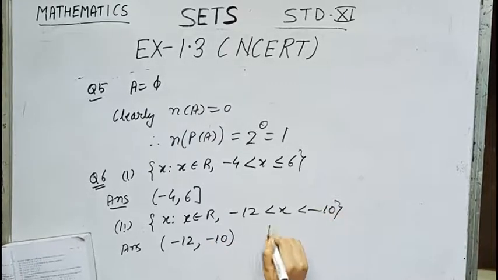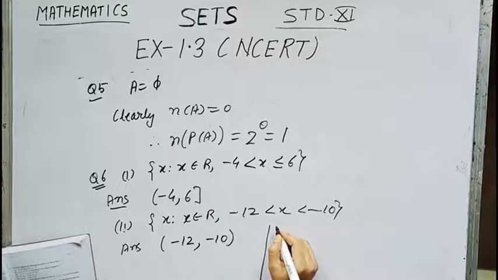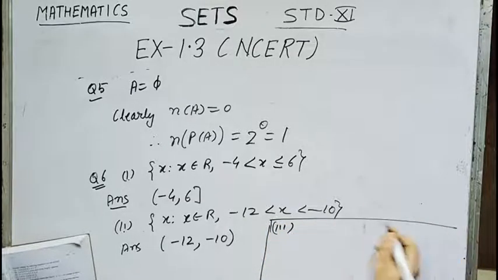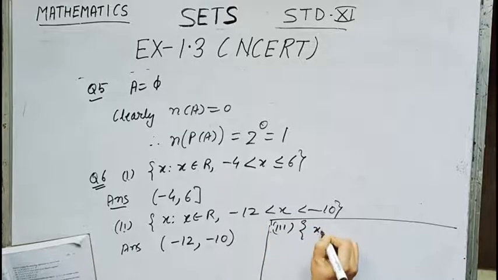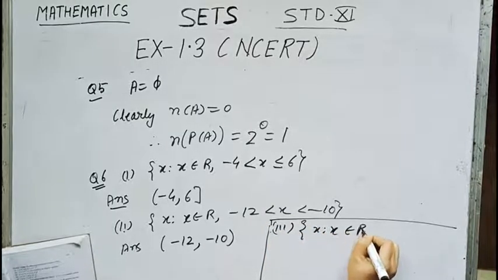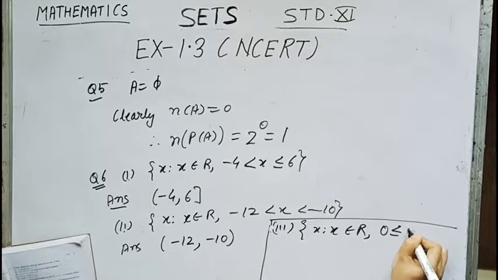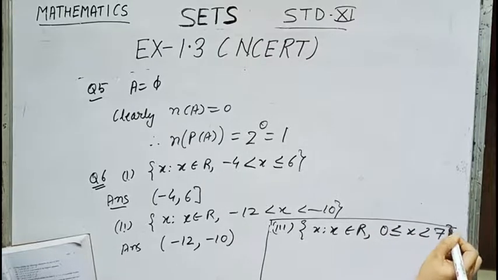Now next will be subpart number 3. Subpart number 3 is x such that x belongs to capital R and 0 is less than or equal to x, which is less than 7.